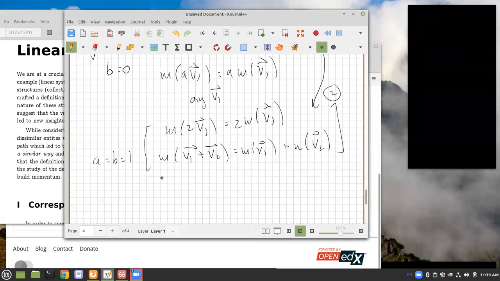Now, the map might be linear, and all the maps we look at are linear, but it may be onto or not, and it may be one-to-one or not. So you can have linear maps that are onto and one-to-one, linear maps that are onto but not one-to-one, and linear maps that are one-to-one but not onto.